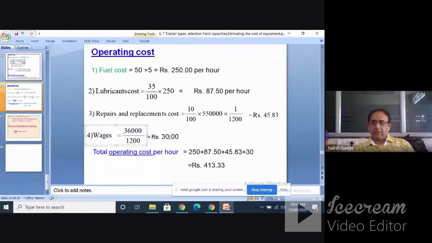Now the total operating cost is equal to fuel cost, lubricant cost, the repair and maintenance or repair and replacement cost, and wages of the operator. It will be 413.33.